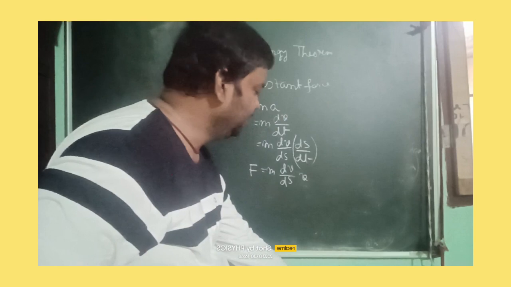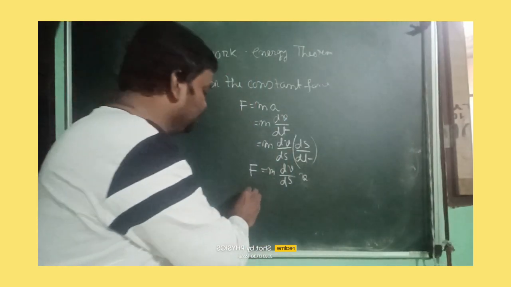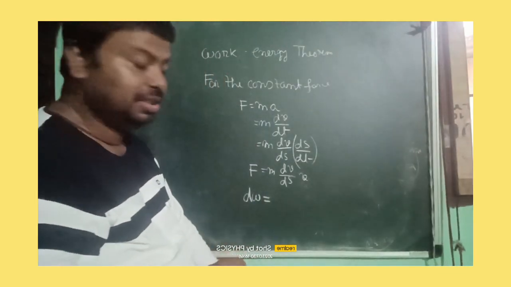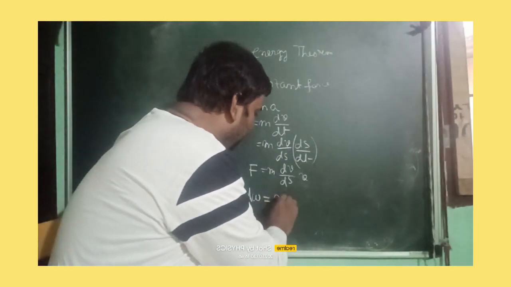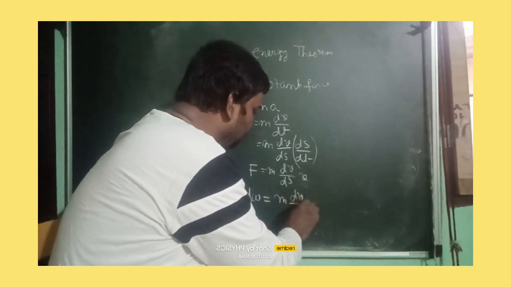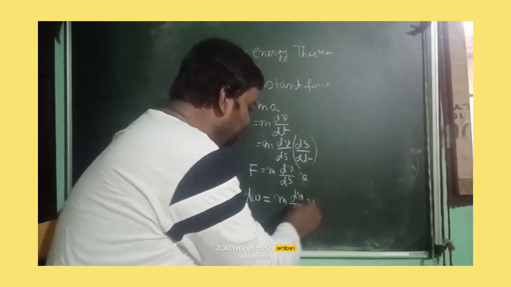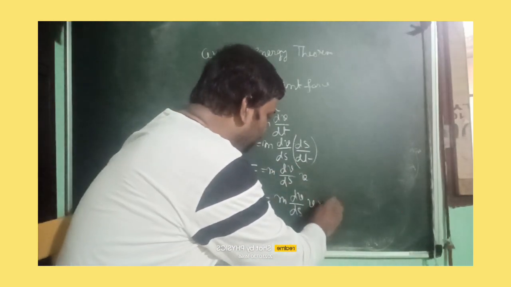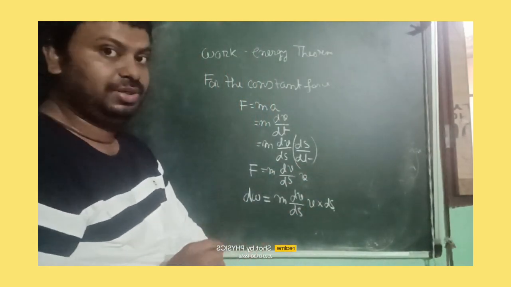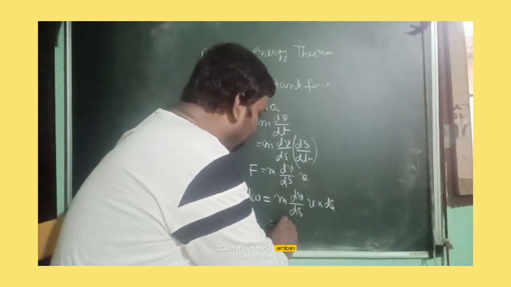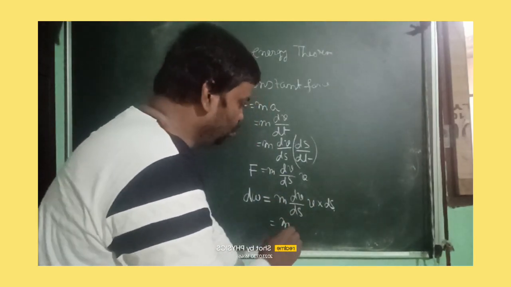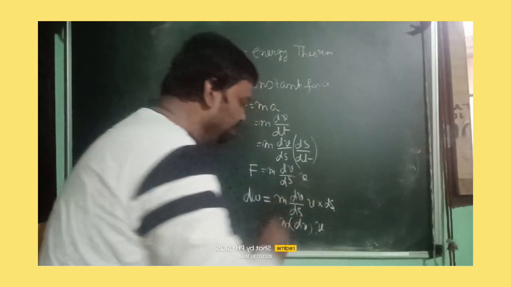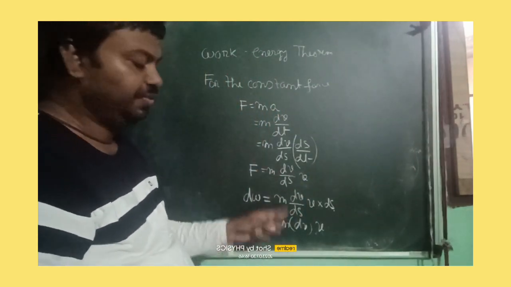Now let's move to the work done. dW, for a small quantity of work done, is equal to m dV by ds into v, that is the force, into ds. Now we will certainly get m into dV into v.